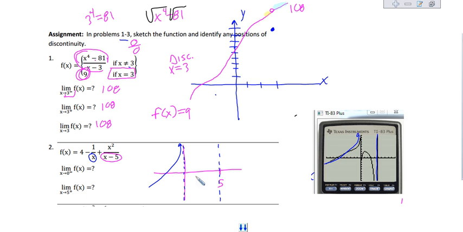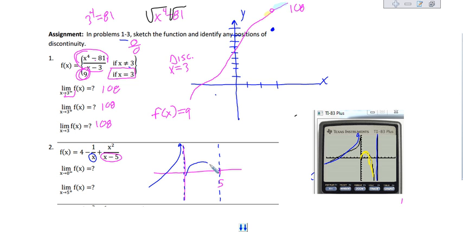And then on the right hand side it does something kind of funky. I'll see if I can change colors, see if yellow shows up. Yeah. So in between the two asymptotes, it has this little hump shape here. So we'll draw that one in there as best we can.